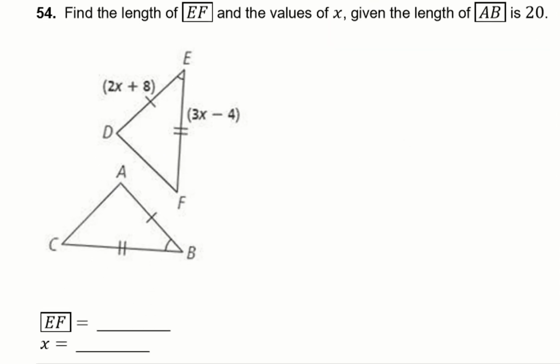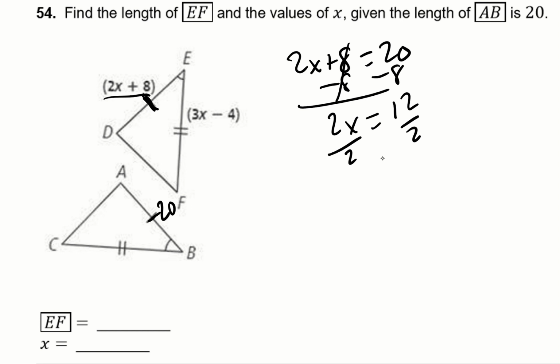Find the length of EF and the value of x given the length of AB is equal to 20. So we have AB is 20. Now if this is 20, then that means this has to be 20, right? Because they're both labeled with the same designation. So 2x plus 8 has to be 20, and we can solve that.